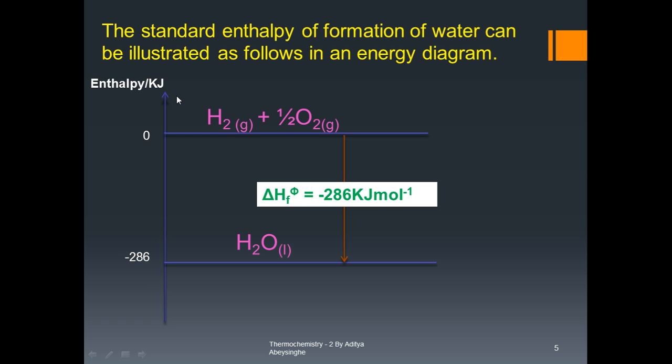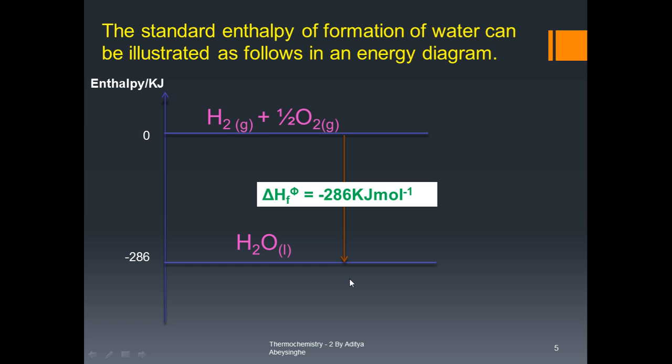As I mentioned in the last video, we can also draw different energy diagrams for these enthalpy changes. In a similar way, you can say that the enthalpy of formation of water can be illustrated as follows. You know that hydrogen and oxygen are in their stable state, so their enthalpy at the beginning is 0. However, when water is formed, you have an enthalpy of minus 286 kilojoules per mole.